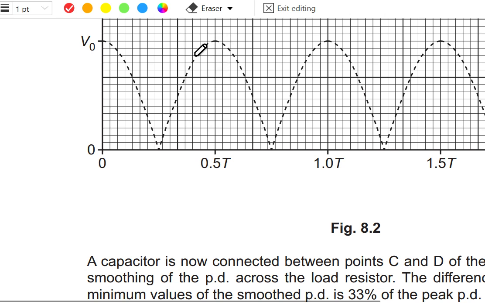This distance is 33% of V naught, so it is this small square that is the difference between max and min.